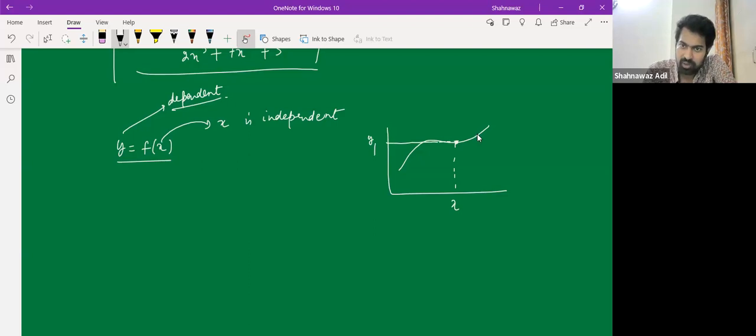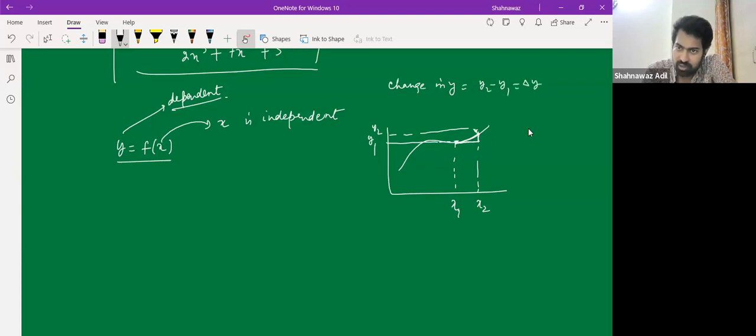And I have this point x2, which gives me the corresponding point y2. If I calculate the change in y, so this is y2 and y1, the change in y would be y2 minus y1. I represent this as delta y.